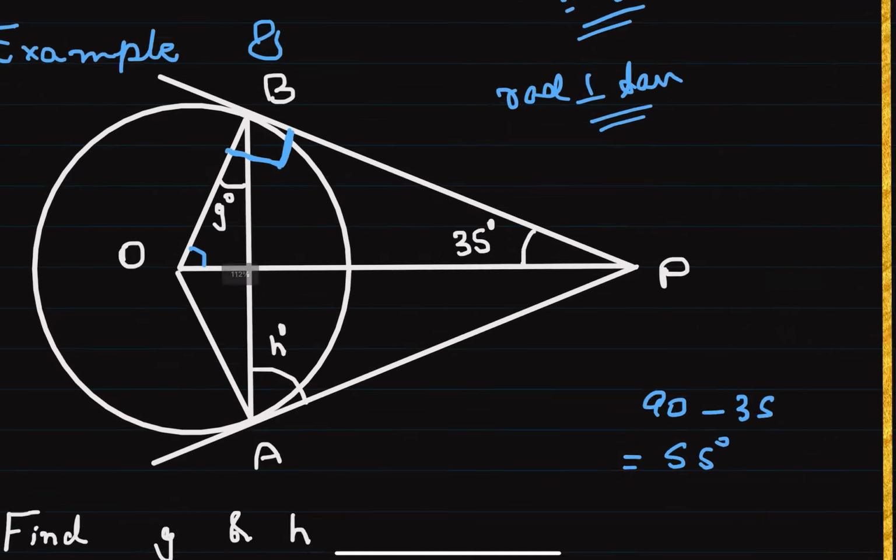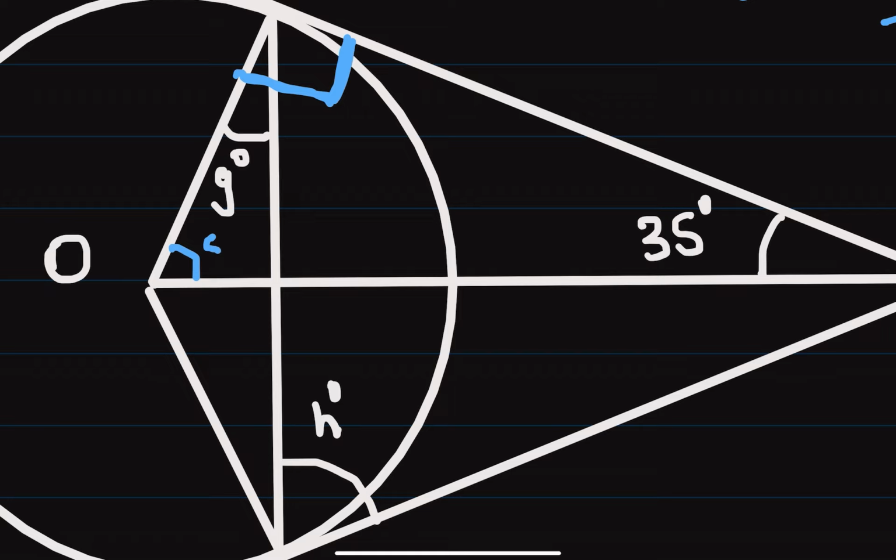So this angle is 55. So if this is 55, this is also 55 because of the symmetry we have studied, right? So that means this angle is 55 multiplied by 2, that is 110.